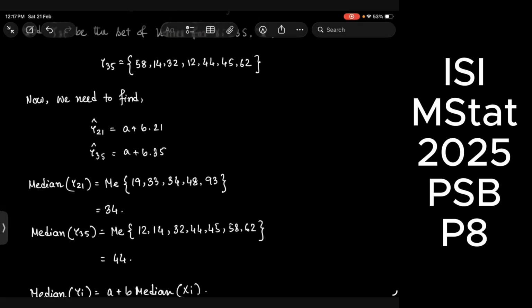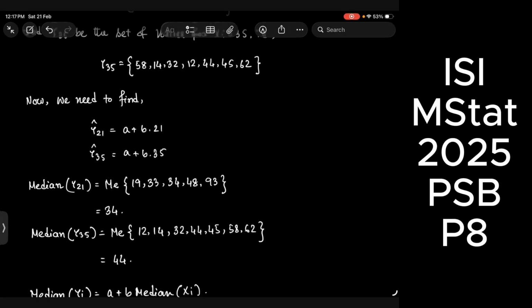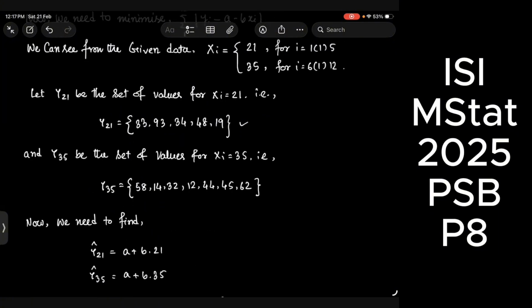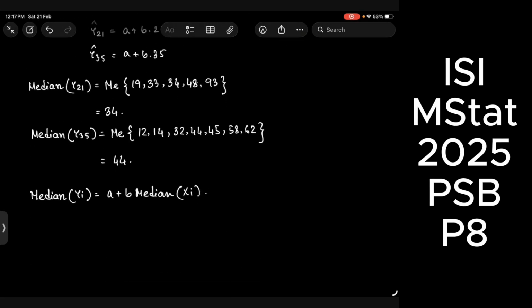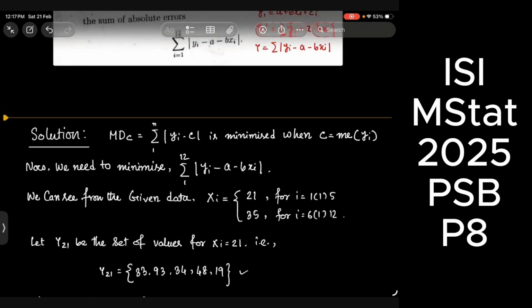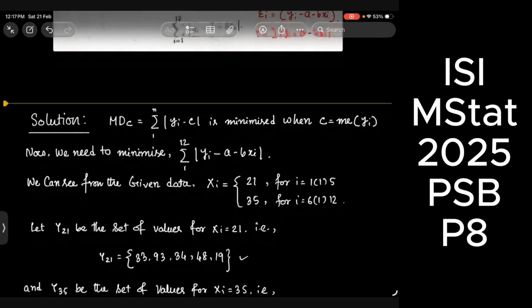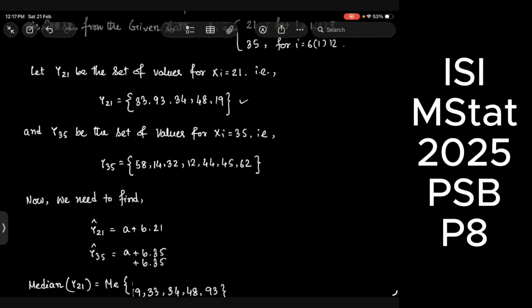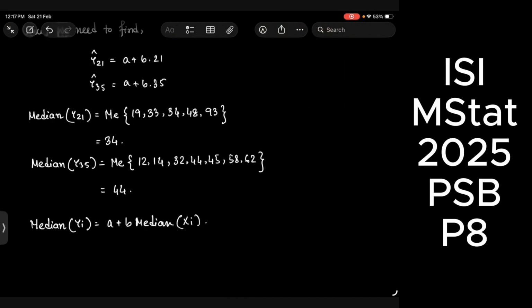Sir, why is it the median of xi? Because yi does not equal a plus b x. I mean, we have to find the absolute value of yi minus a minus b xi. So the median of yi must be a plus b xi, not the median of xi.